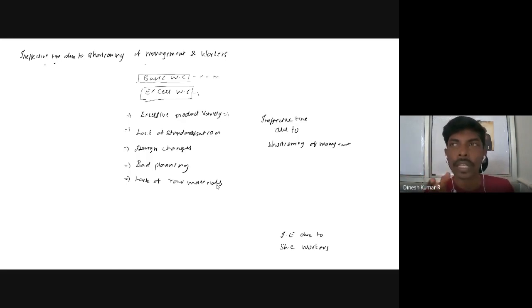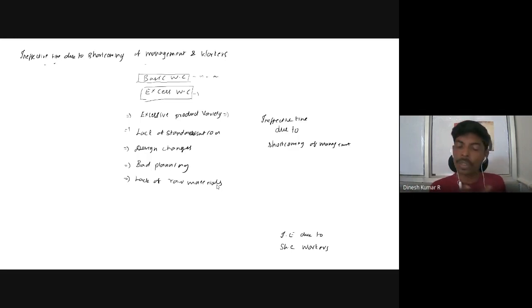You feel a 10 meter bar is capable of producing 10 different components of 1 meter each, but you fail to identify there will be an allowance for cutting the material in between, where you have to give a minimum of around 1 or 2 mm, or 1 or 2 centimeters if it is going to be a bigger one. In that condition, in 10 different pieces you may lose 10 centimeters.